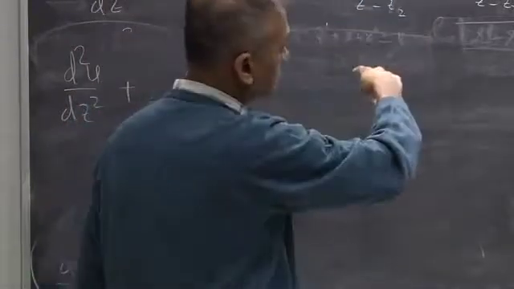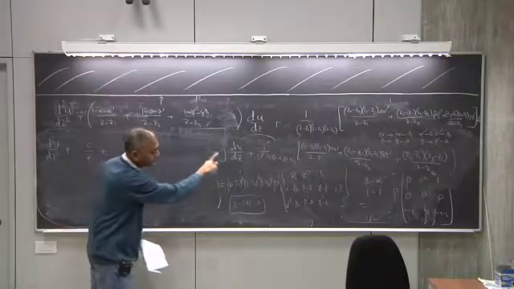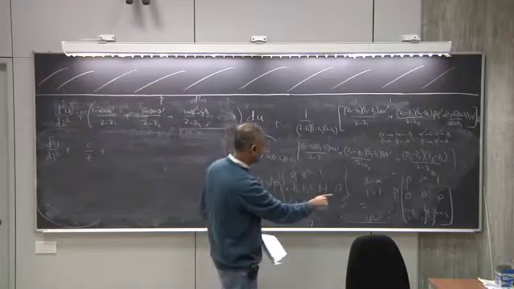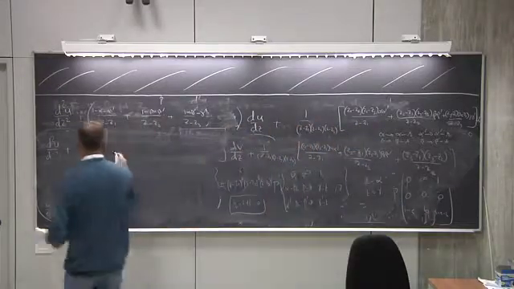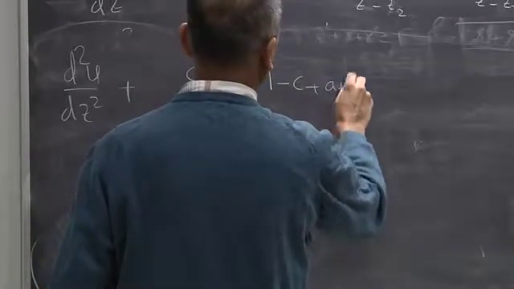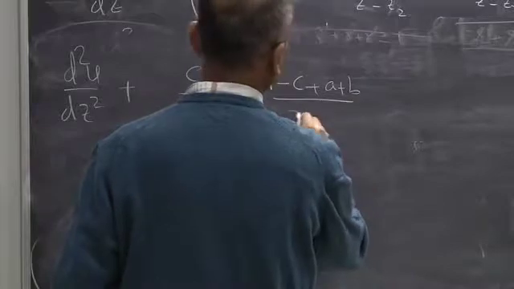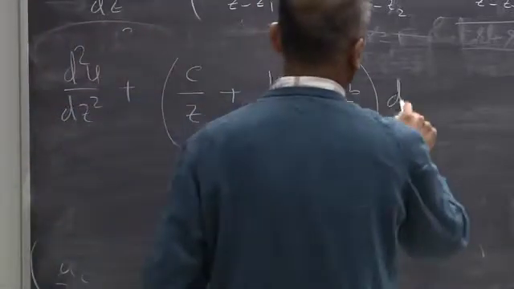I mean, this becomes 0. And gamma, so gamma is 0 and gamma prime is that. So you get here 1 minus c plus a plus b divided by z minus 1. Okay, that thing times du by dz.